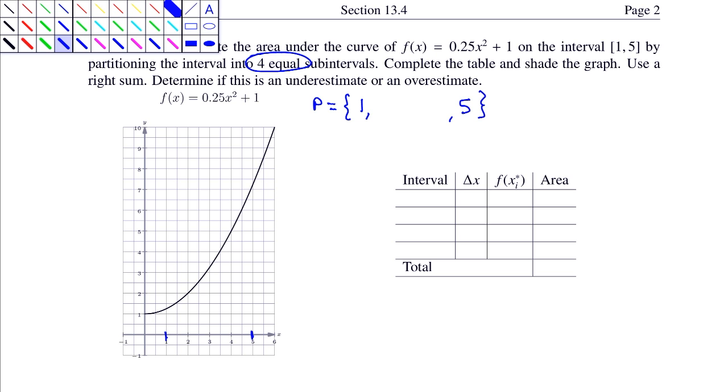Yeah, it's just 1, 2, 3, 4, and 5. So write that down as your intervals. 1 to 2, 2 to 3, 3 to 4, and 4 to 5. What is delta x for each of these subintervals? 1.